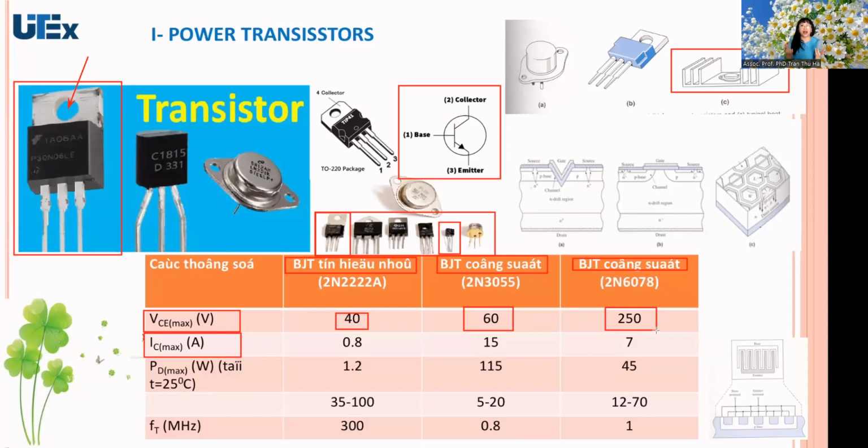Power and energy. And of course, you can see the current is increasing; this is in amperes. And you can see the PD max, the maximum, in watts.